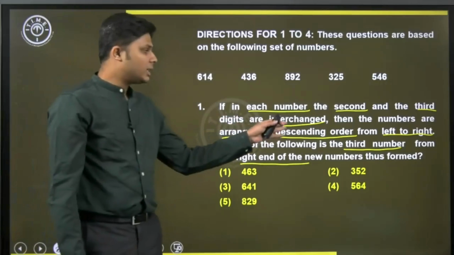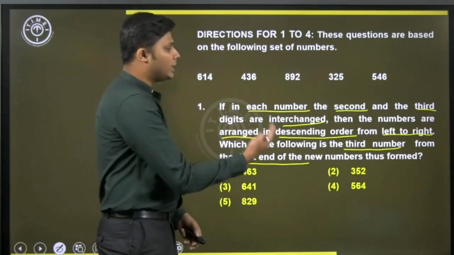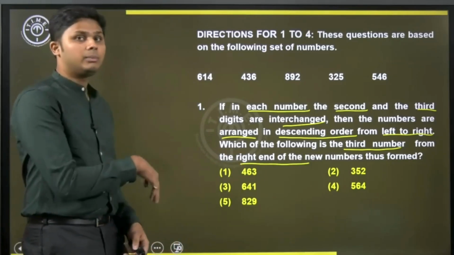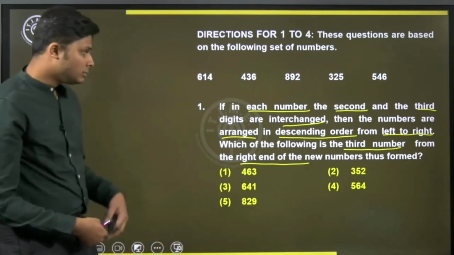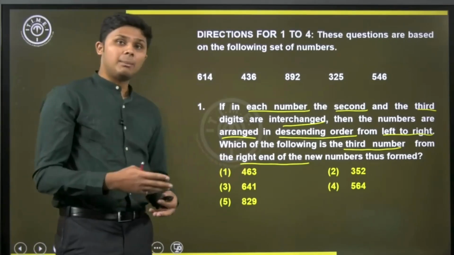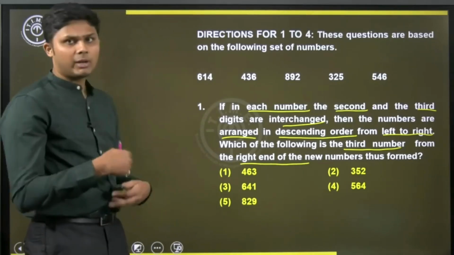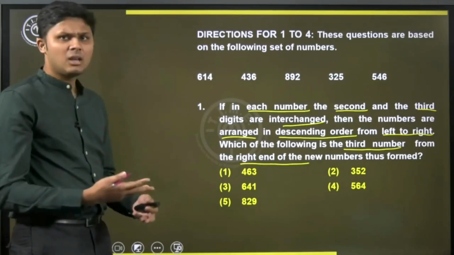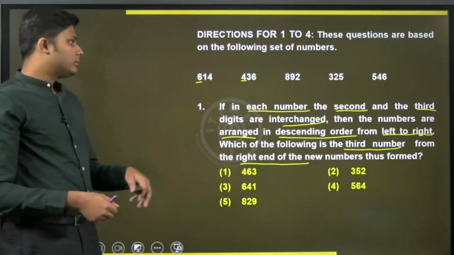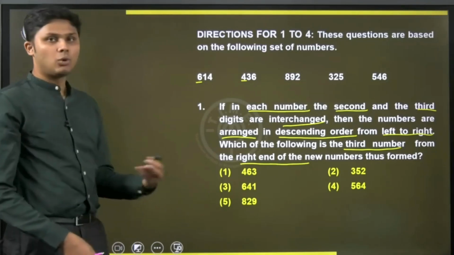Since we are arranging the numbers in descending order after applying the condition, the third number from the right end would be the third lowest, or from the left end it would be the third highest. When we compare two numbers, we always check first with the first digit, and if the first digit is the same, then we move on to the second digit and so on.